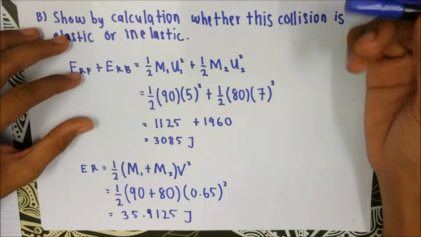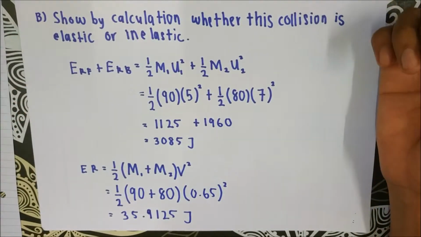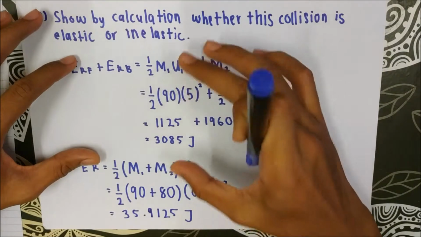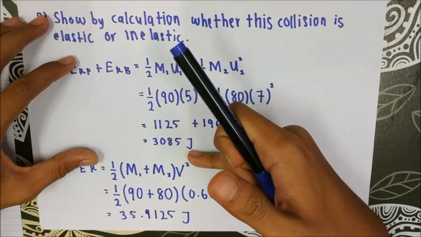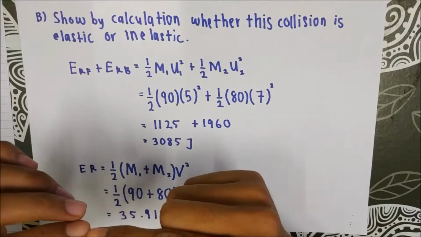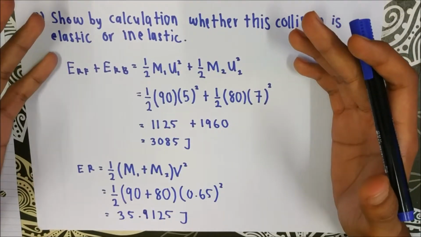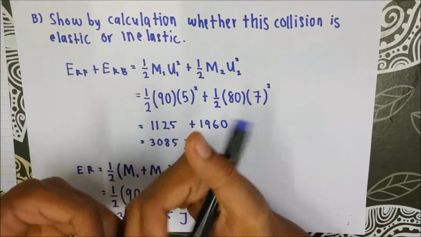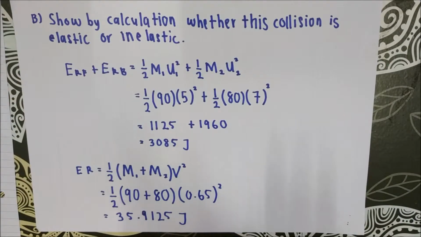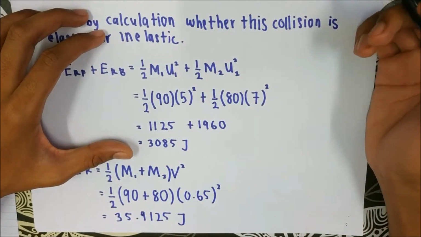So it shows the collision is inelastic, because if elastic, they would bounce and have the same amount of kinetic energy, or slightly the same. Here there is a large loss of kinetic energy, and they stick together, and this shows an inelastic collision.